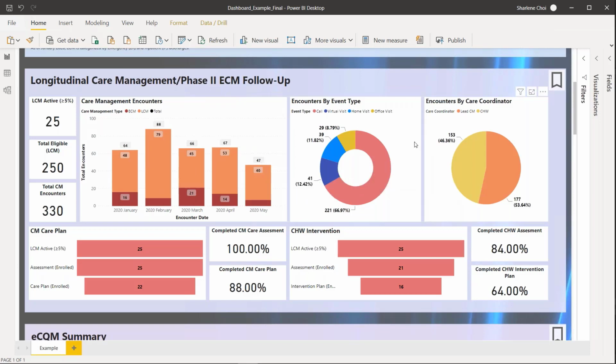The next two charts here show encounters by event type and encounters by care coordinator. In other words, whether the encounter was conducted by the lead care manager or the community health worker, as well as whether this was a call, a virtual visit, a home visit, etc.